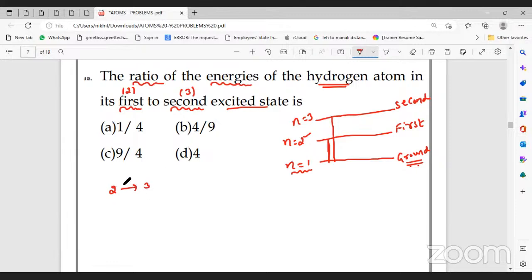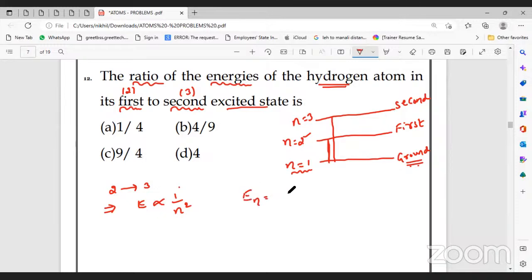Now, how are the energy and orbit number related? Energy is inversely proportional to n square: m z square e power 4 divided by 8 epsilon naught square n square h square. That is the energy formula, no?